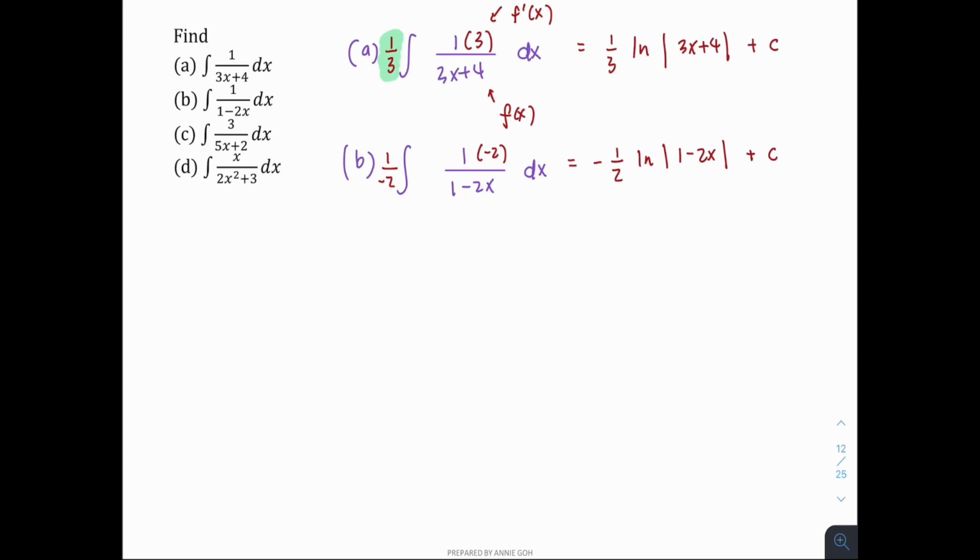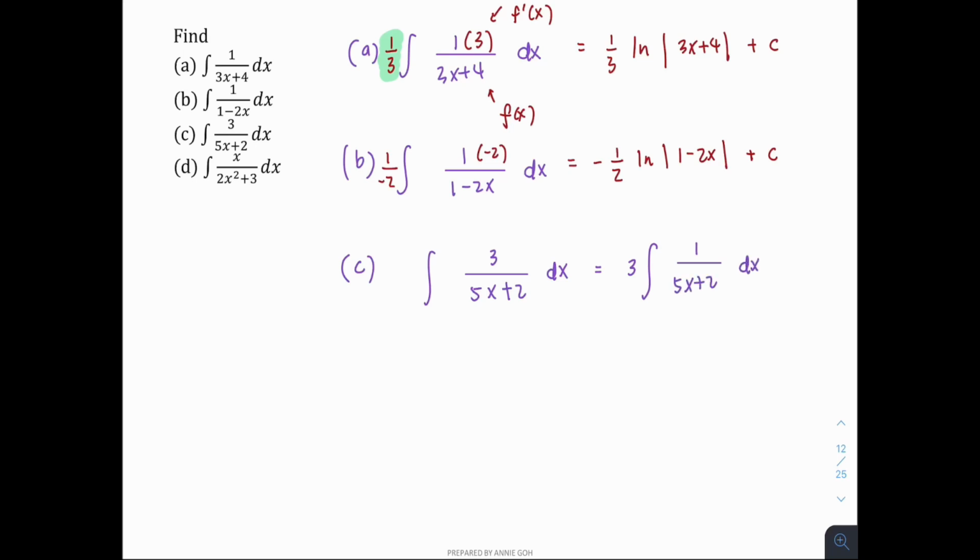Let's continue with part C. Part C, you are asked to integrate 3 over 5x plus 2. Have a look at this fraction. When you differentiate the bottom part, 5x plus 2, you're supposed to get a 5 on top. But what we have now is a 3. So what we do is take out the 3, and you'll be left with 1 over 5x plus 2.